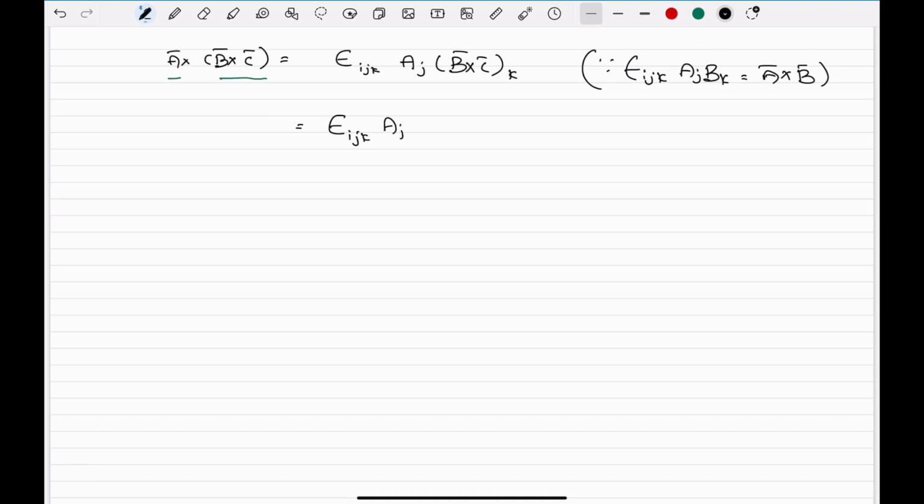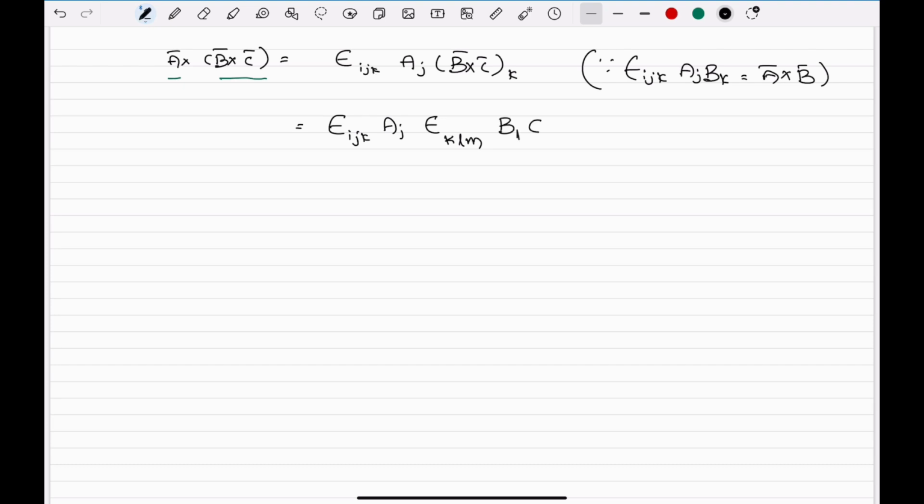Now we will write about B cross C K. B cross C K means we have to take this epsilon K L M, let us say L we have invented.